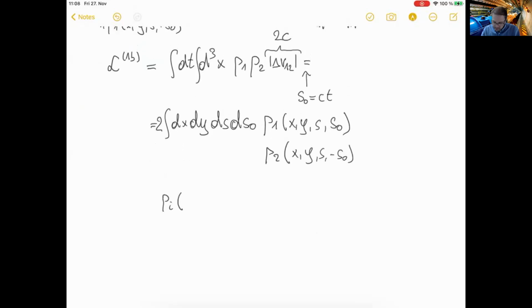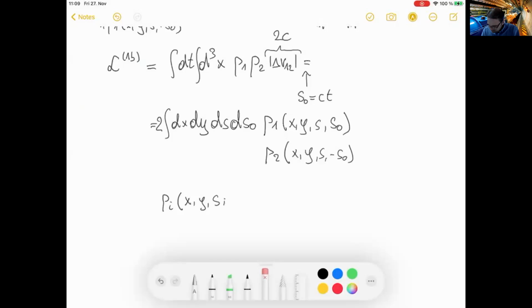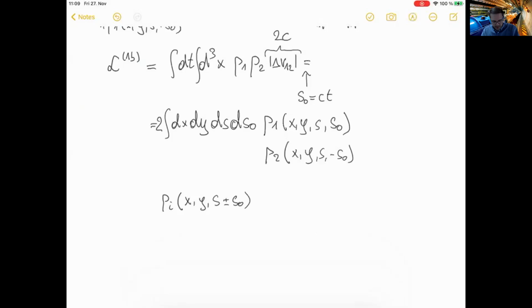We say that the densities of the two bunches we write as functions of s plus or minus s0. And we say there are N_i particles in each bunch, and they have Gaussian width.